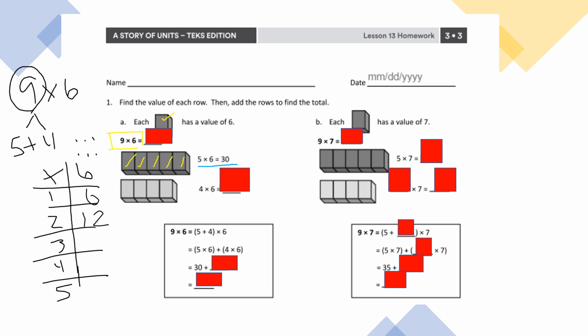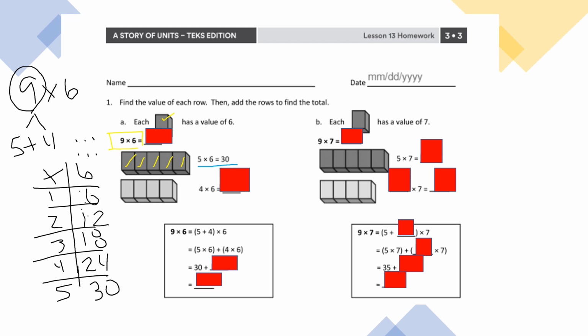Okay. And we'll go ahead and fill in our ratio table. 1 times 6 is 6. 2 times 6 is 12. 3 times 6 is 18. And 4 times 6 is 24. And 5 times 6 is 30.